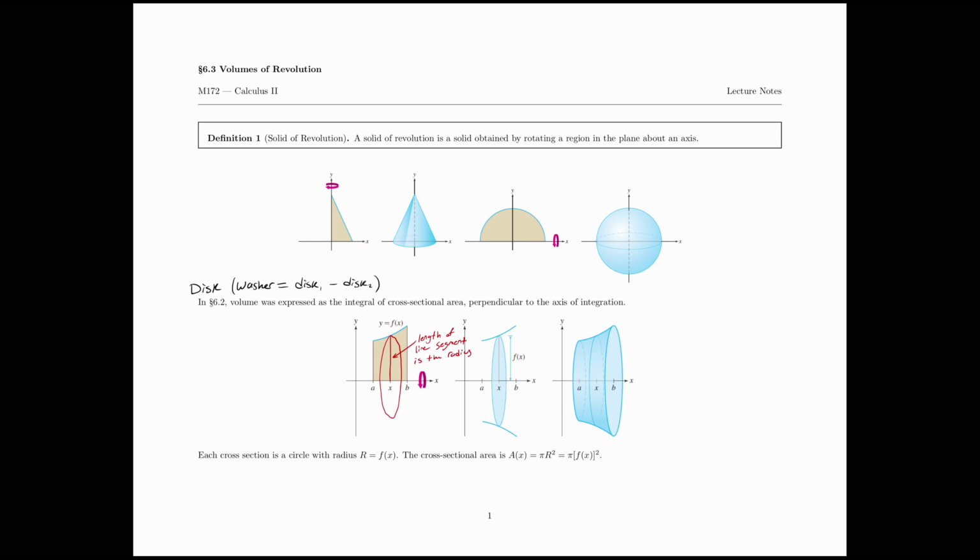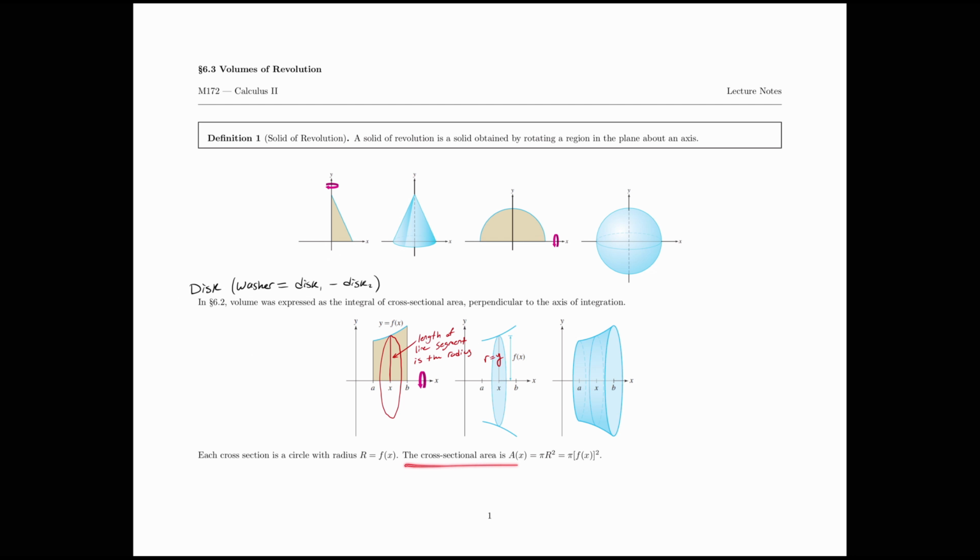So if we know the area here, let's see, what is the radius specifically? Well, the radius specifically is just the value that you get. It's this distance here, which is a y value. So the radius in this case is y, and because we know this function, we know that the y value is given by f of x. So the area of such a representative circle is pi times the radius, which is the function value, squared.